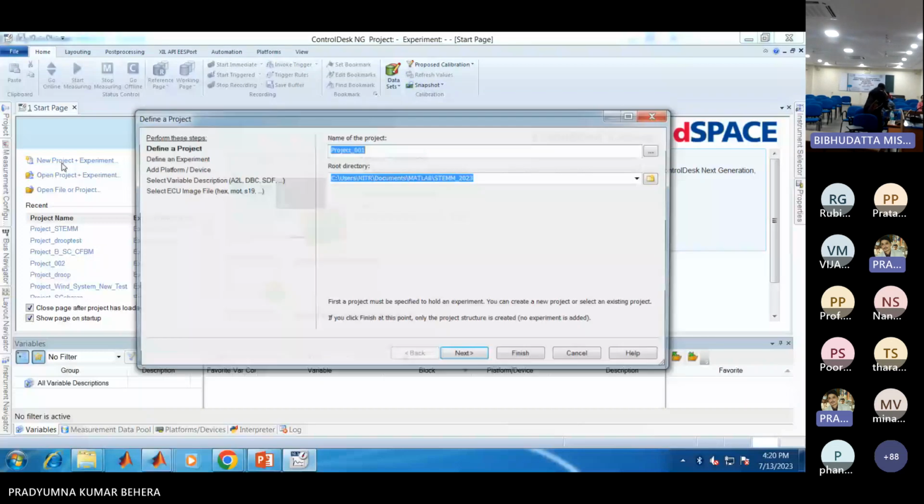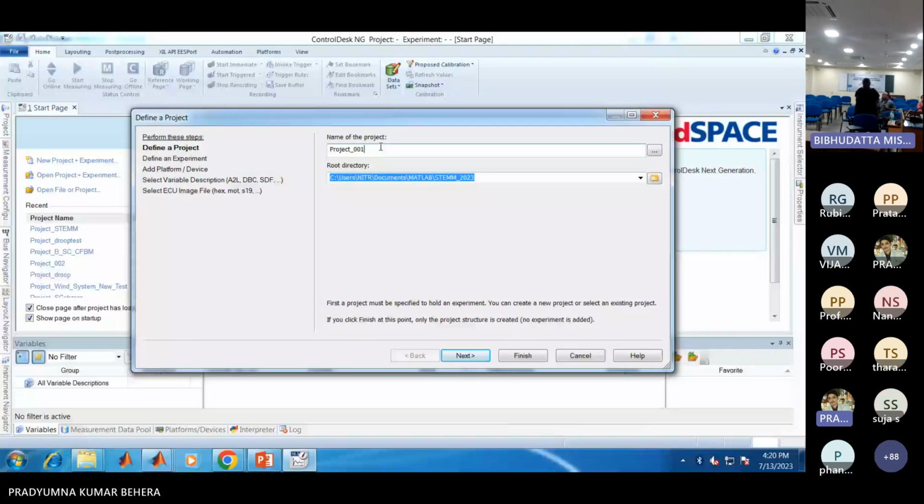Suppose I am giving the project name as STEMM session 3. And the root directory I have already made, within the one folder I have created. The root directory is here. You can see that. Then I have to press next.